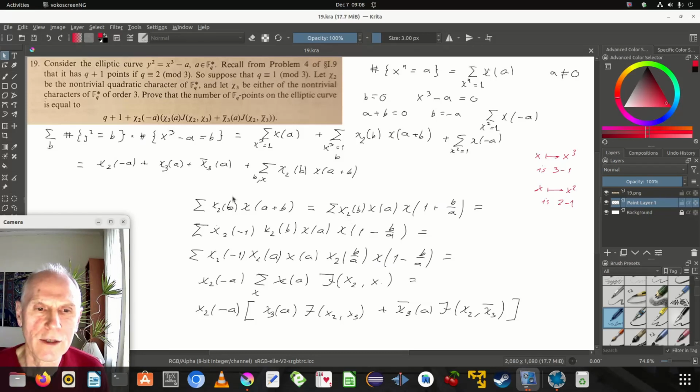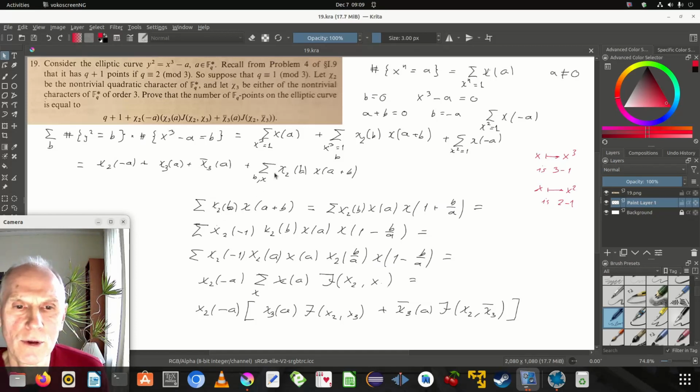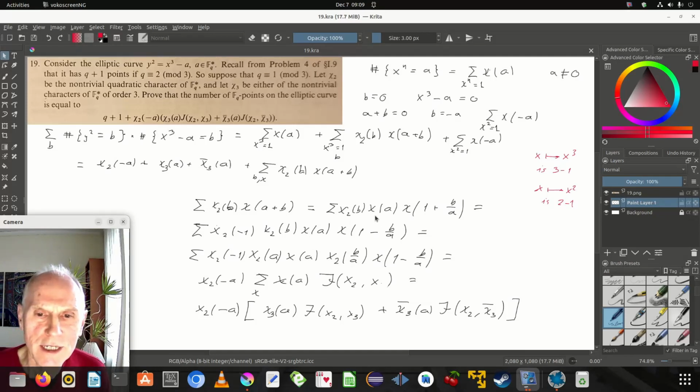So we can forget the trivial one when summing over the characters of order 2. But we have to take it into account later on.